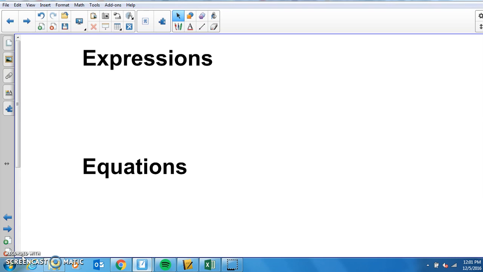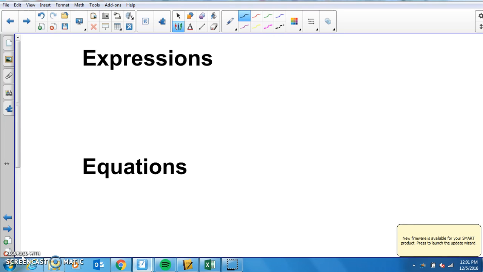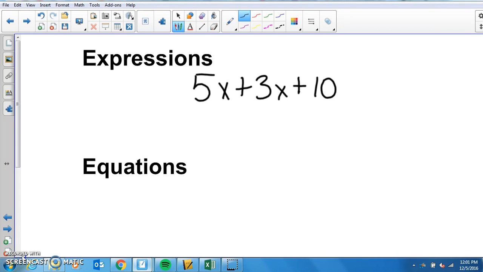So the first thing I want you to understand is that an expression is basically just a simple little statement, right? If I have 5x plus 3x plus 10, that is an expression.